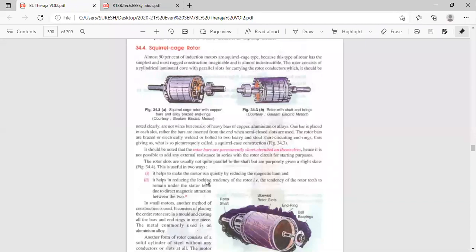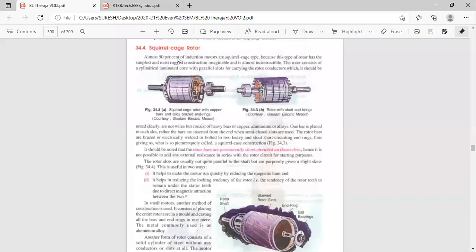Okay, see here. What are the two reasons why you are giving a slight skew to the rotor bars? Yesterday I had told. One is to reduce the magnetic hum. Another is to reduce the locking tendency between rotor teeth and stator teeth. These two reasons will get 2 marks.